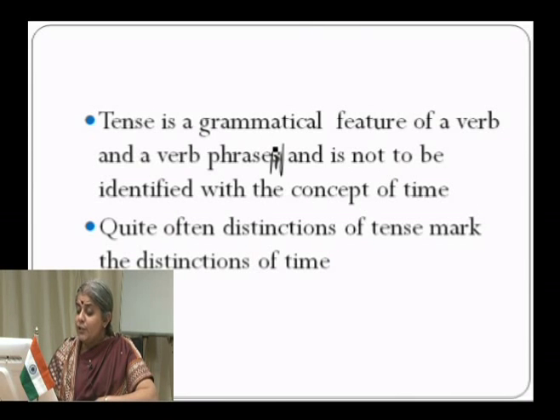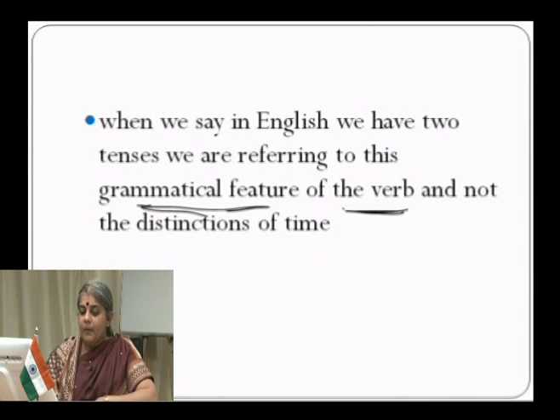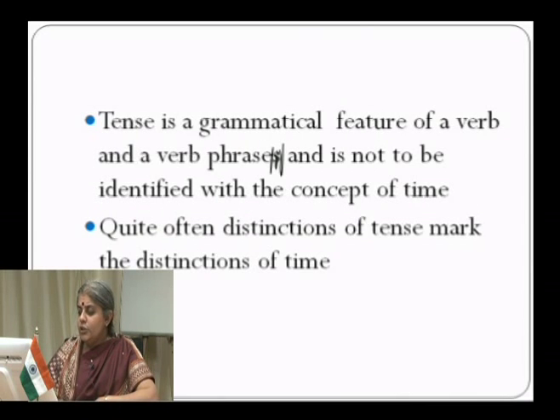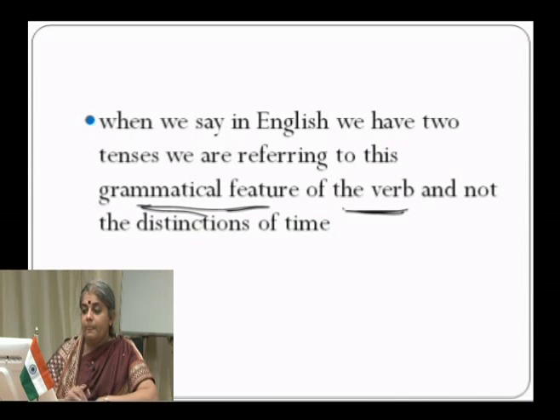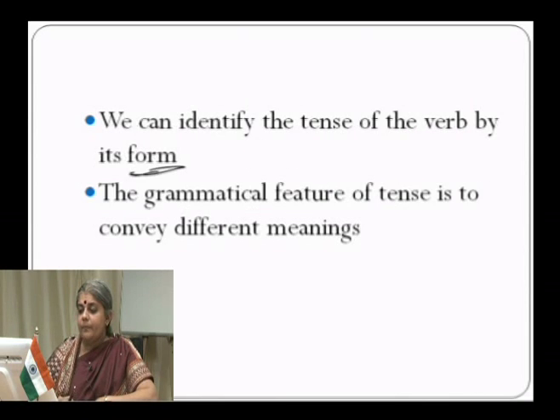Quite often, distinctions of tense mark the distinctions of time, not very often. Now, when I say in English we have two tenses, I am referring to the grammatical feature of the verb, not the distinctions of time.